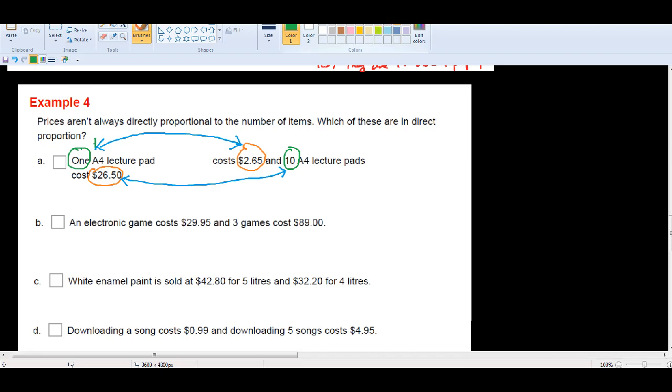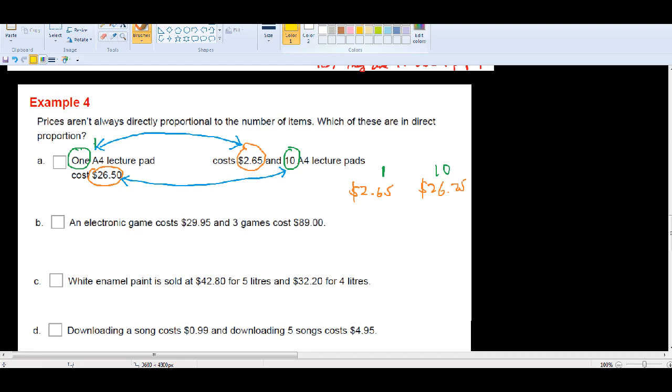I use green color here: 1 versus 10, and 2.65 versus 26.50, here in dollars. Do you see they pair up?